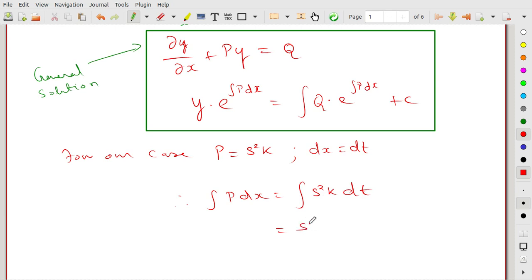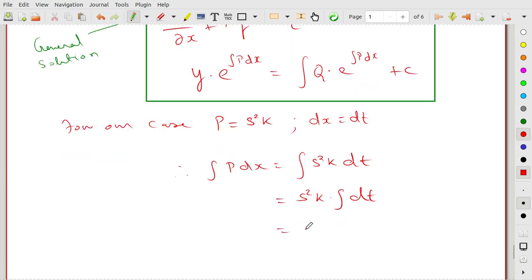Therefore we have s square k into integral dt, and the integral dt is nothing but t. Therefore we have integral p dx as s square kt.